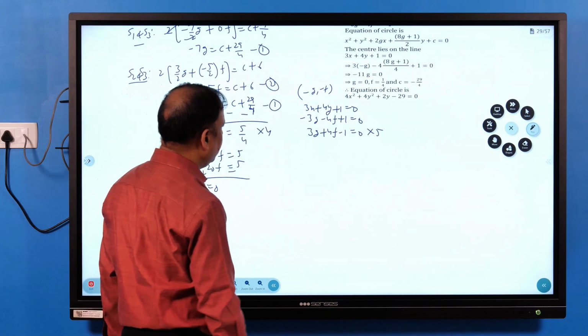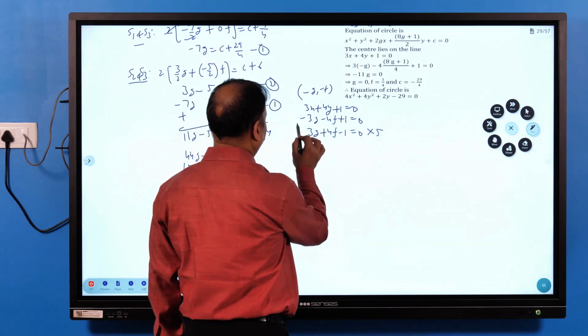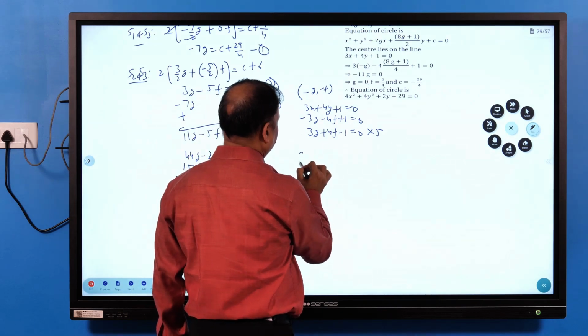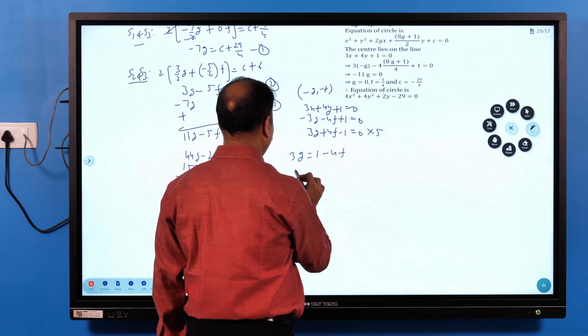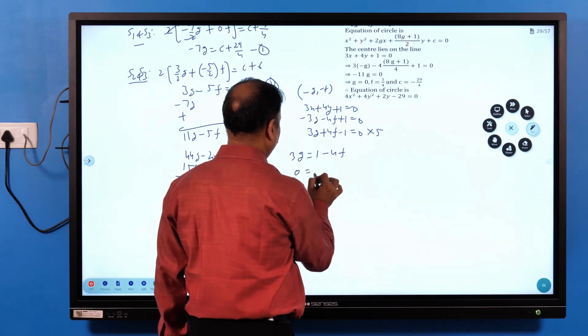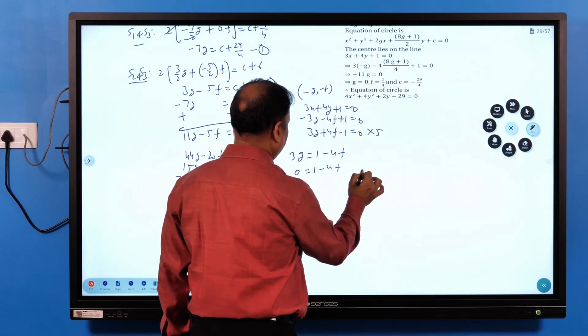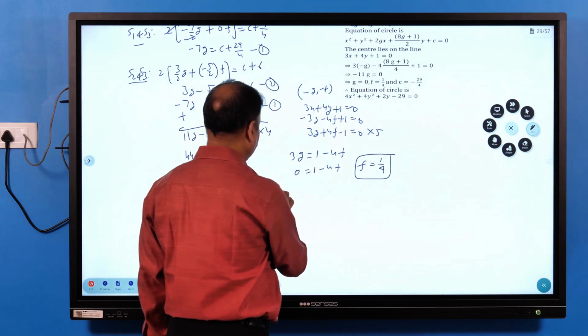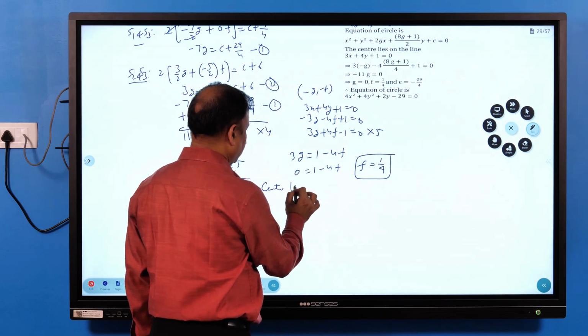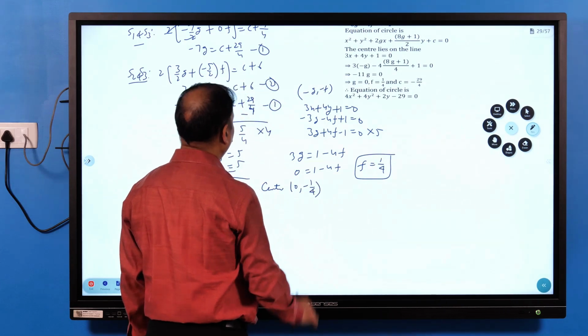If g is equal to 0, then you can calculate f also. From here 3g is equal to 1 minus 4f, g is equal to 0. So 0 is equal to 1 minus 4f. So f is equal to 1 upon 4. g is equal to 0. So center is 0 comma minus 1 upon 4.